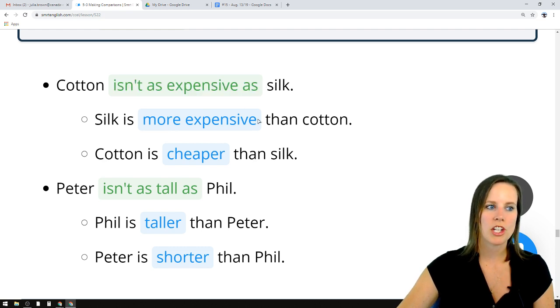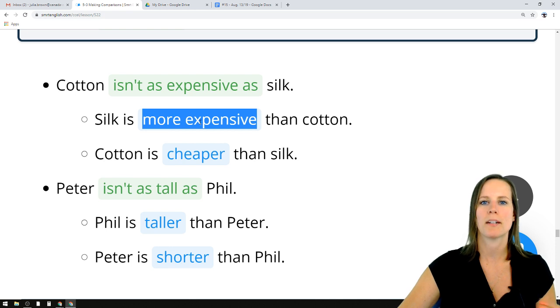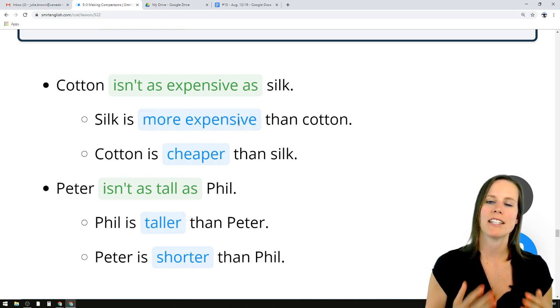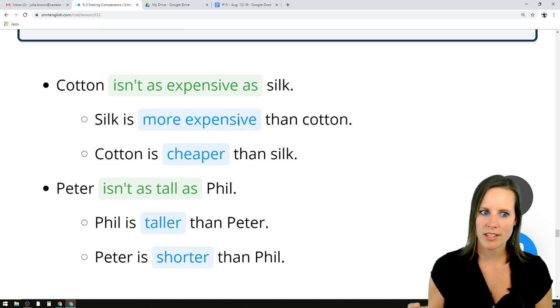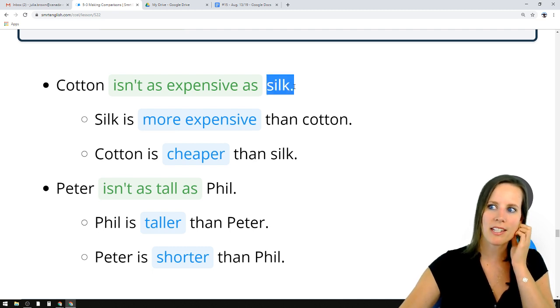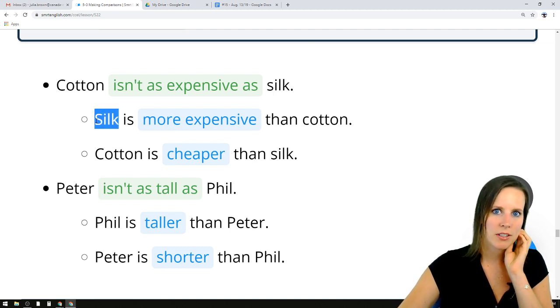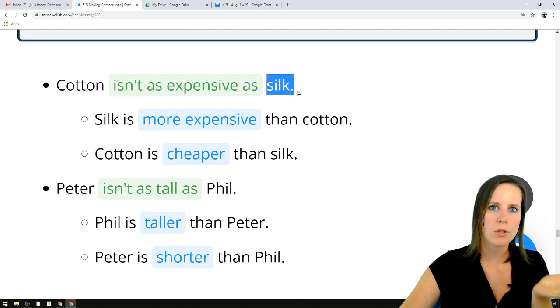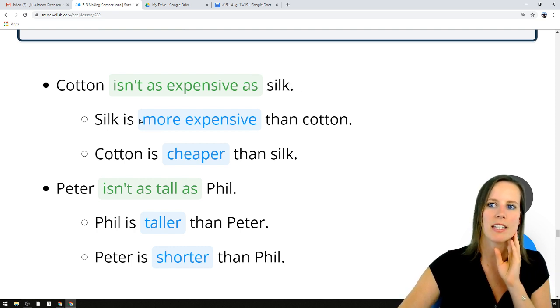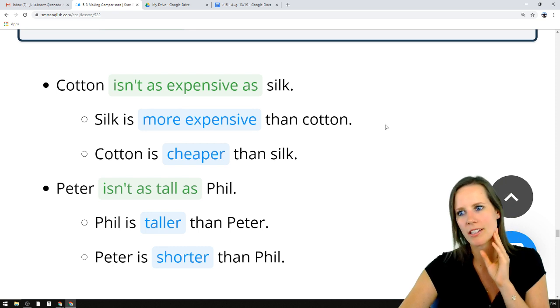If I want to change the adjective to a comparative adjective, I need to change the order of the sentence. I need to put silk at the beginning, okay? Because silk is more. So silk is more expensive than cotton.